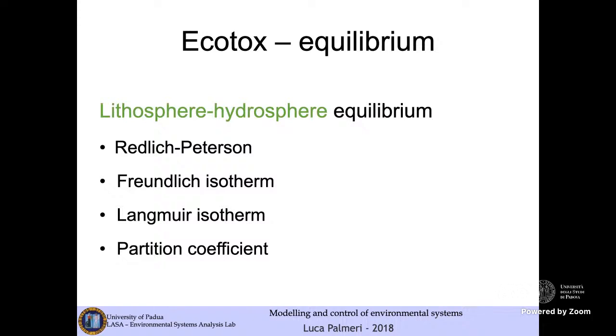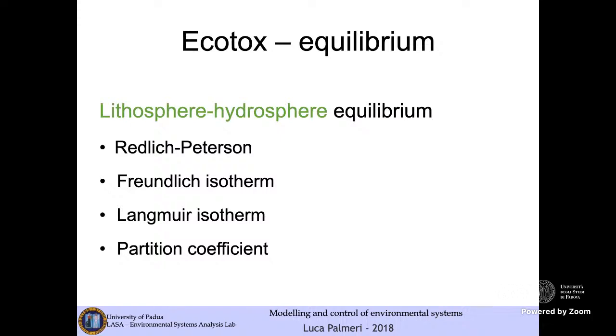First of all, we shall introduce models employed for describing the equilibrium between the lithosphere and the hydrosphere. I recall to you that last Monday we described interaction between hydrosphere and atmosphere. Now we talk about interaction between lithosphere and hydrosphere.